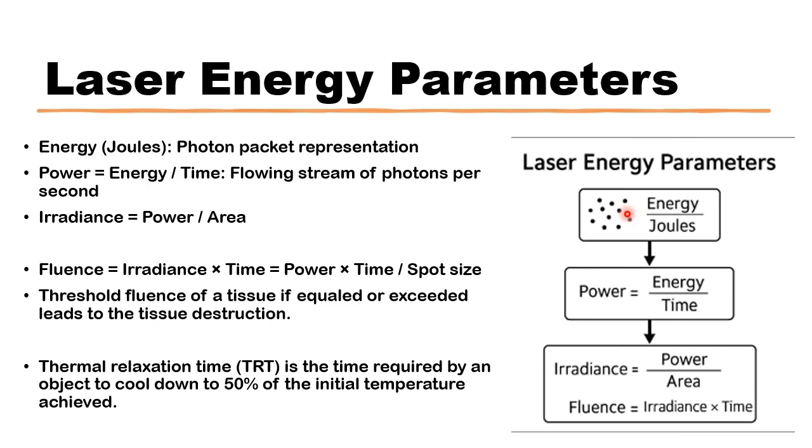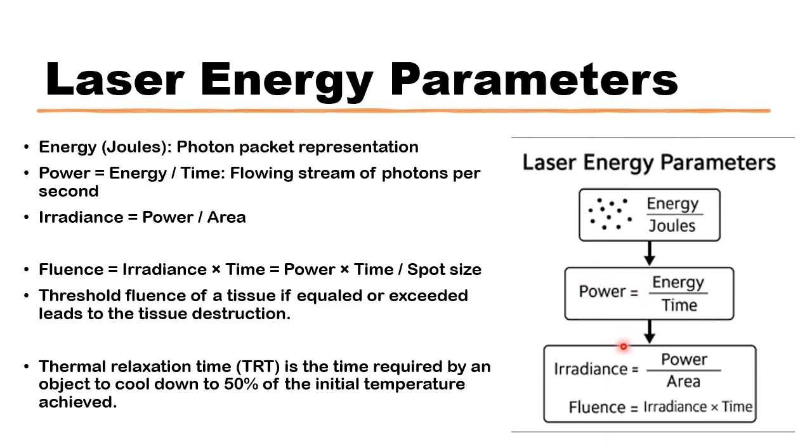But what is more important is the power, which is the energy divided by the time. It's the number of photons streamed in a second. This is another way of referring to the energy rather than the total energy. The rate of delivering of the energy is the power.